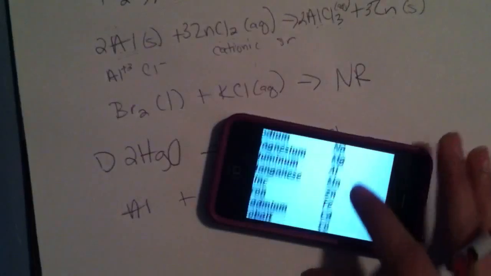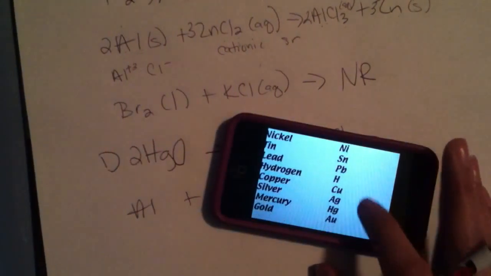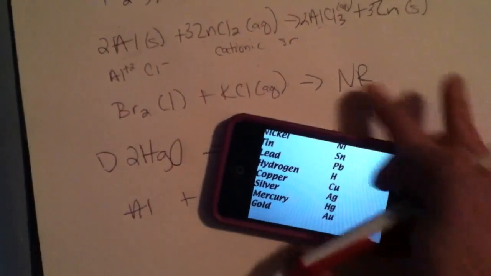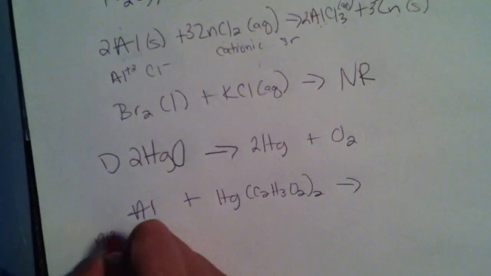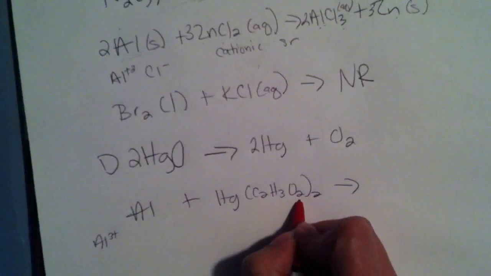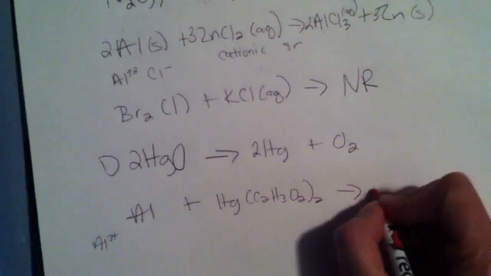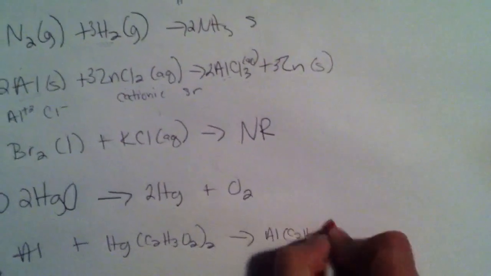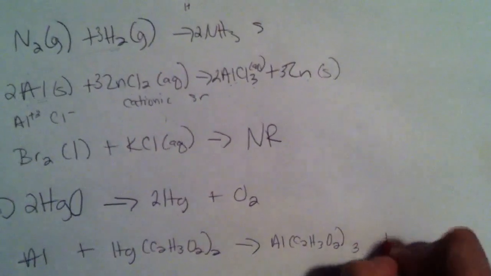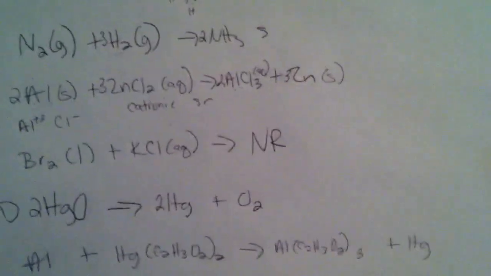Here's aluminum. All right, do we have mercury? It's clear down here at the bottom, so yes, aluminum can definitely kick him out. All right, so aluminum's a 3 positive, and the acetate is a negative 1. So on this side, I'm going to get Al(C2H3O2)3 plus mercury.